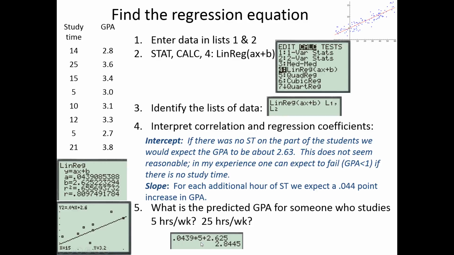If you substitute in x equal to 5, you would get approximately 2.8. So for someone who studies 5 hours a week, you would expect the GPA to be about 2.8. For someone who studies 25 hours a week, you can substitute in using your calculator, and you would get approximately 3.7 as the GPA.